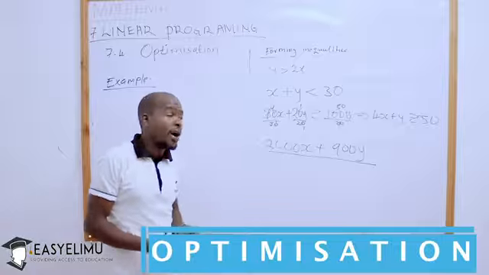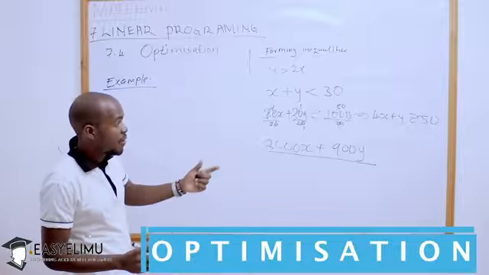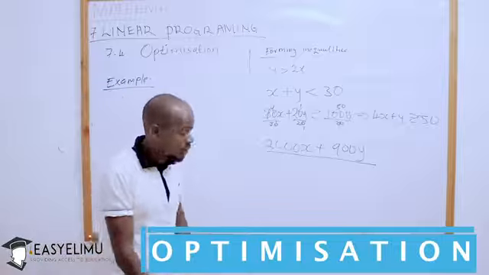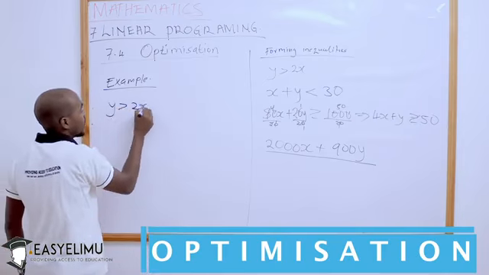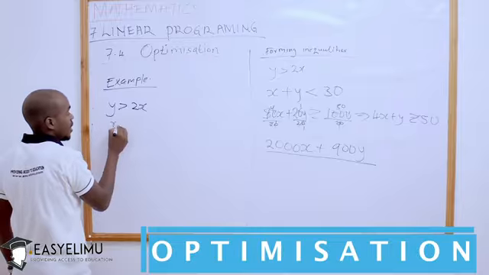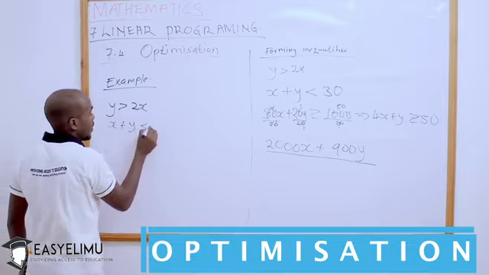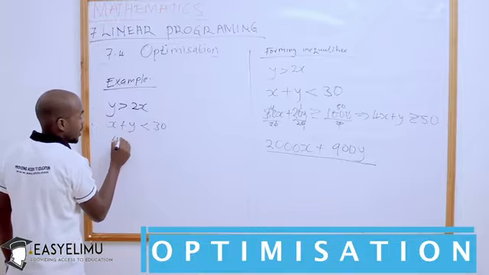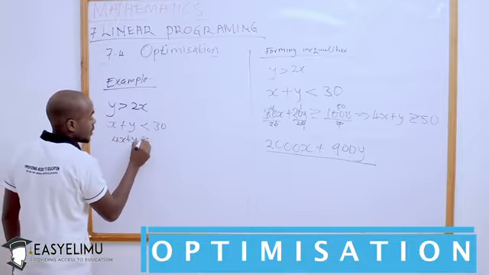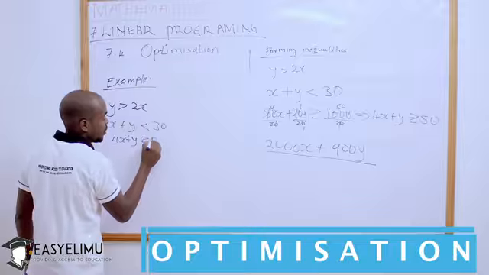So let's solve our problem here. Having formed the inequalities, we can now solve. We have y is greater than 2x, x plus y is less than 30, and also 4x plus y is greater than or equal to 50.